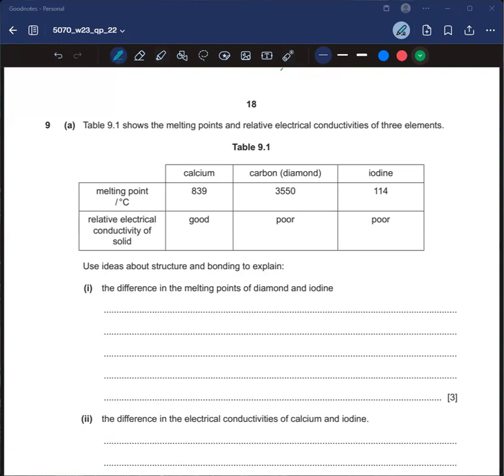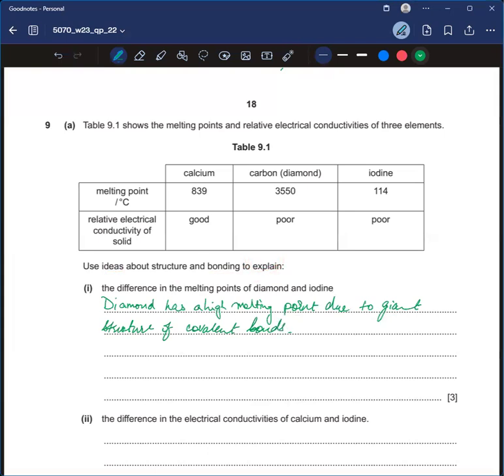So I would write diamond has a high melting point due to giant structure of covalent bonds.